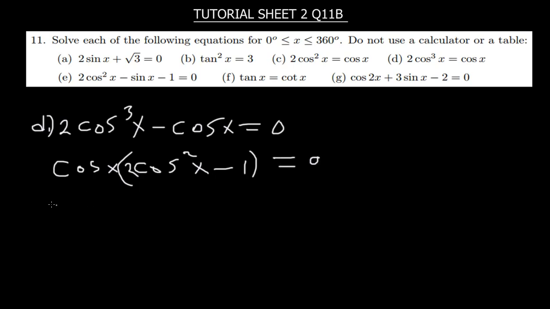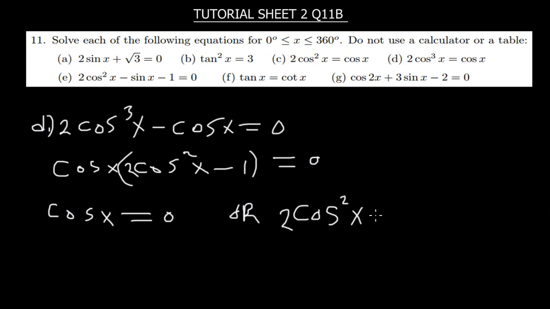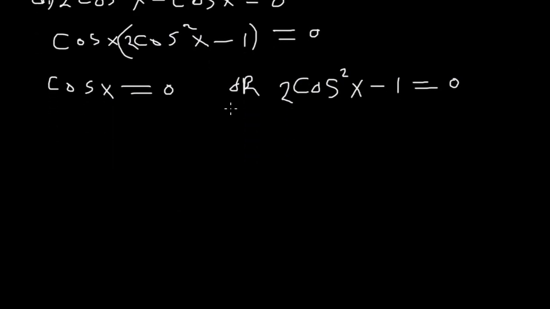So here we can say either cos x is equal to 0, or 2 cos squared x minus 1 is equal to 0. Here you find your x by taking the cos inverse.